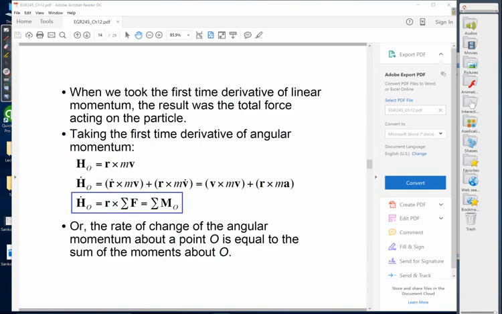It's very similar to the chain rule. But the end result is you end up with the first derivative of your angular momentum being r crossed with m times acceleration, mass times acceleration, which is nothing more than your force. So the first derivative of your cross product is r cross F. That's very important.